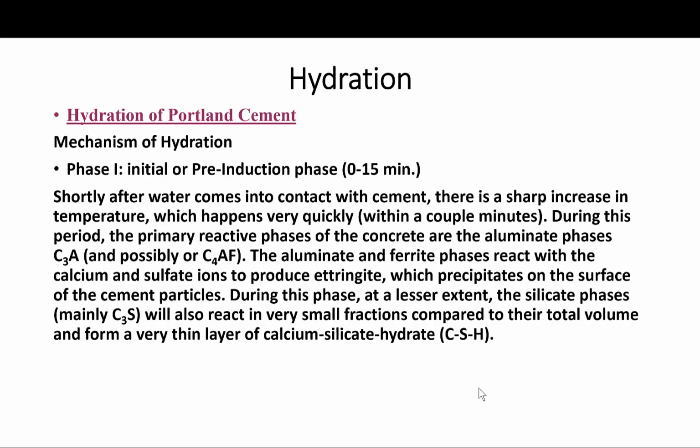Okay, so let's look at the mechanism of hydration and describe what happened. As mentioned before, there is still much debate about the hydration process of Portland cement and the mechanism of formation of the hydration products. What is presented here, though, are the widely accepted theories regarding the hydration.